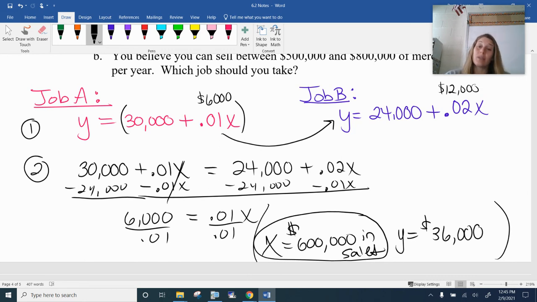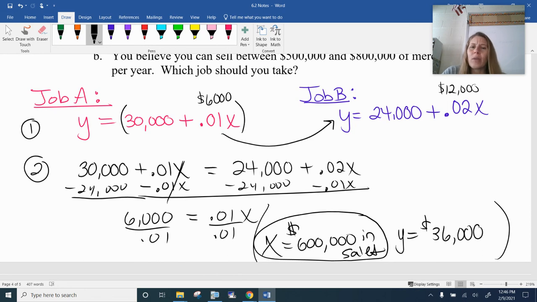So if you were a real estate agent and this was your salary situation, you might want to choose job B. Even though you're only getting $24,000 up front, chances are you're probably going to exceed $600,000 in sales in the year. But if you're selling a product that's maybe just new and it's still taking off, or maybe it's just not that expensive of a product, then you might want to take the higher base salary and then not take such a chance on your commission.